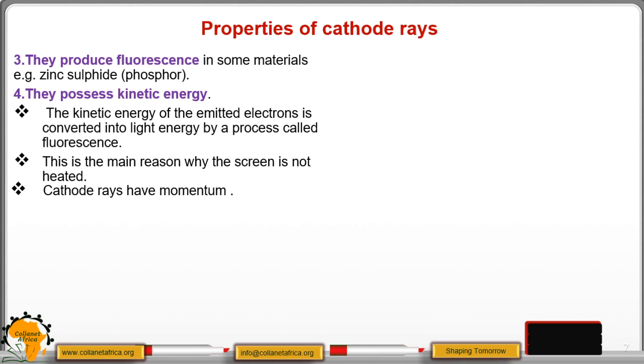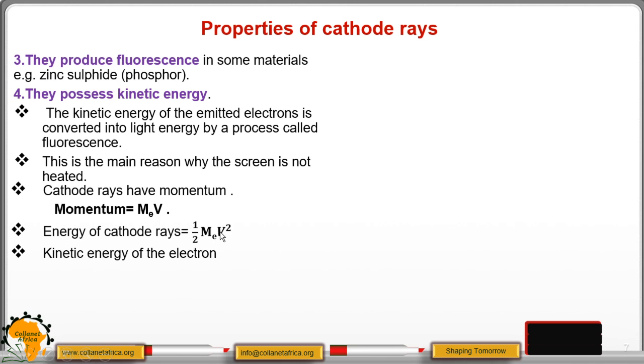Then they have momentum, and the momentum will be given by the mass of the electron multiplied by the velocity. The kinetic energy will be given by half the mass of the electron multiplied by the velocity squared.